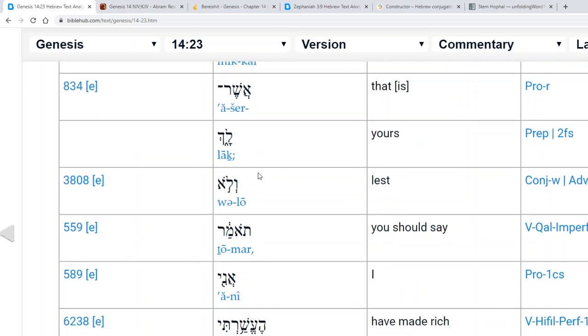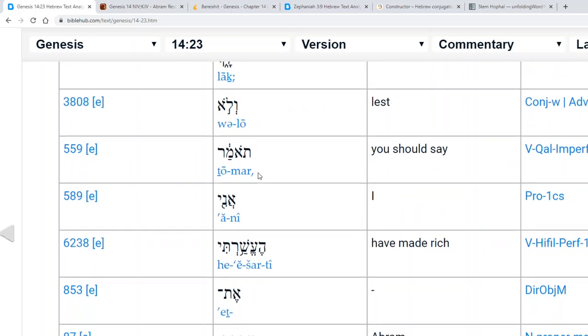All that is yours. Velo tomar, so conjunctive of lo means not. So, and should not. Tomar is the imperfect second person masculine singular, right, of Amar. It should not be said, and you should not say. I mean, literally, it's you should not say.